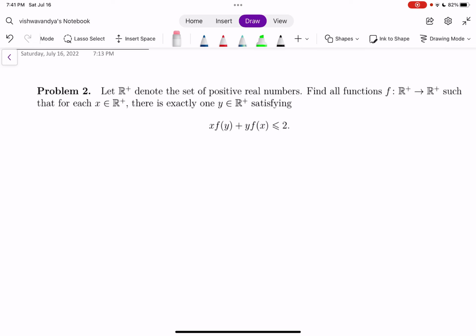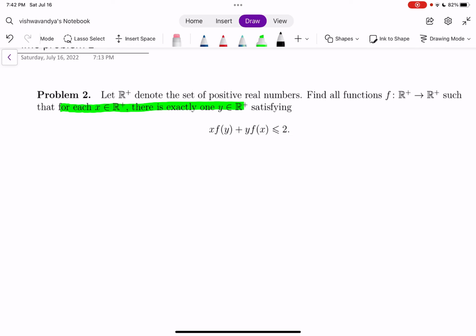So the key behind having a successful solve of this problem is to understand this property, that is, for each x belonging to R plus there is a unique y which satisfies this relation. Now the thing is, you have to explore this.